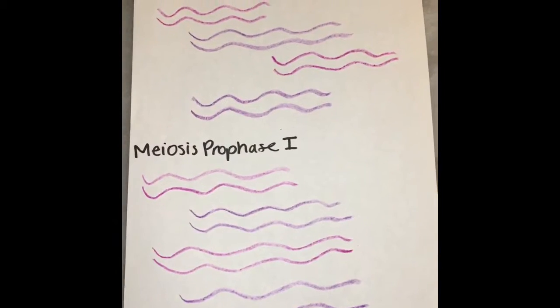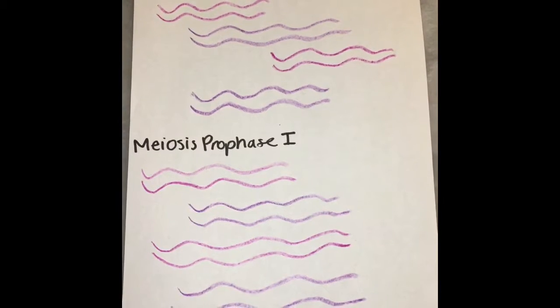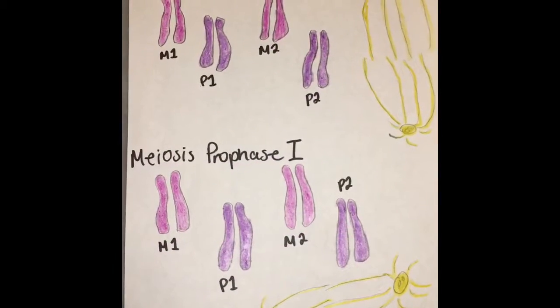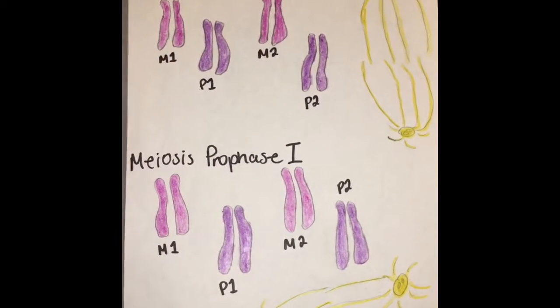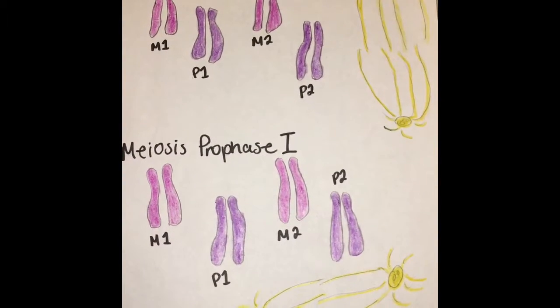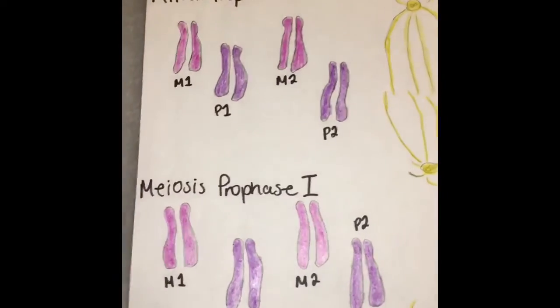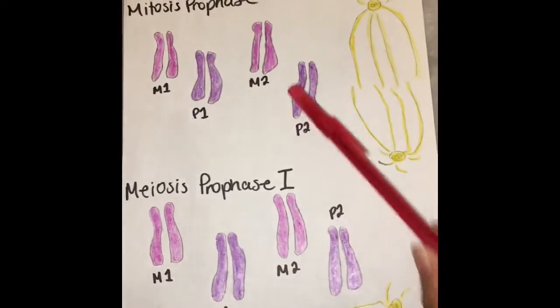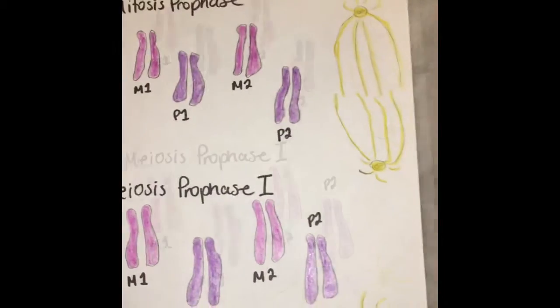So in this prophase stage, you can see that the nucleus has dissolved. The next step of prophase is the chromatin strands have coiled into chromosomes. So you can see now we have the shape that we all know as chromosomes present.